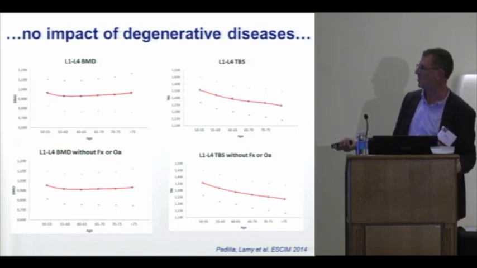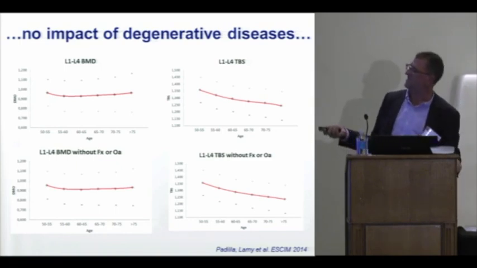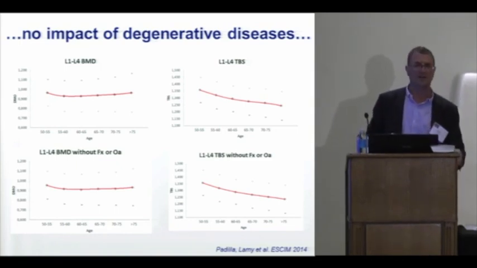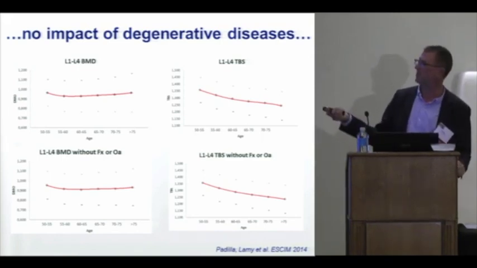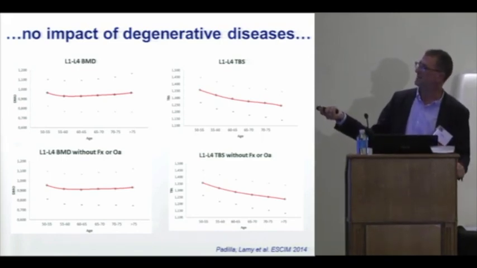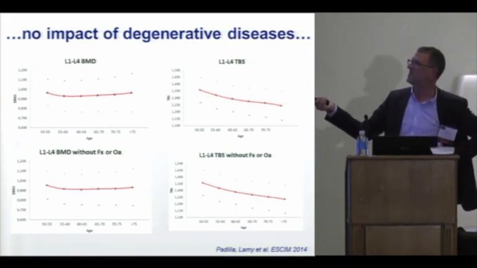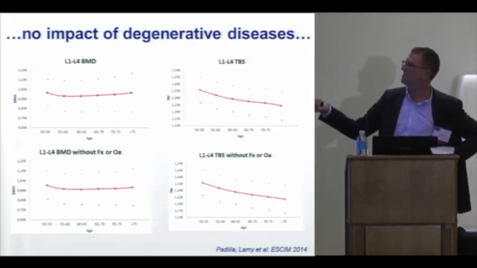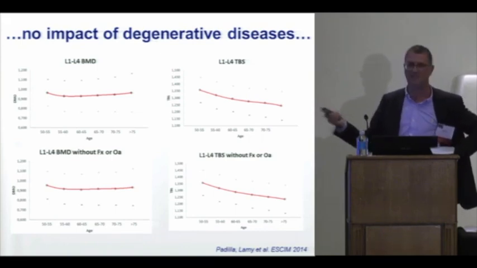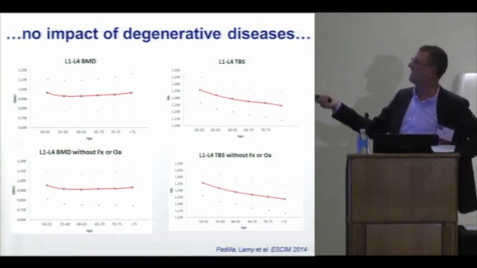And here you see a cohort from a colleague from Lausanne, where they followed up patients, 1,500 women for a normative curve, and you see that the spine BMD without any data cleaning is slightly increasing over time after the age of 55, 60 years old, where you don't see that on a TBS.